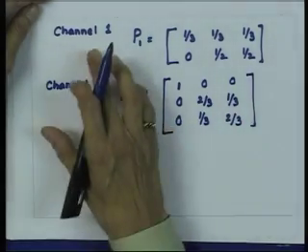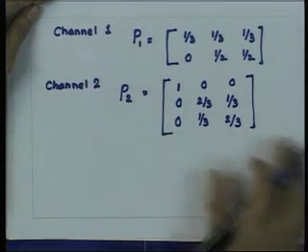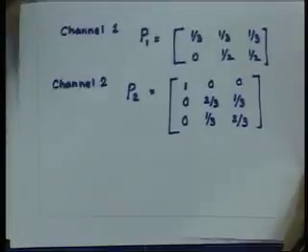So, when we cascade channel 1 with channel 2, we can get the channel diagram for the cascaded channels as indicated here.